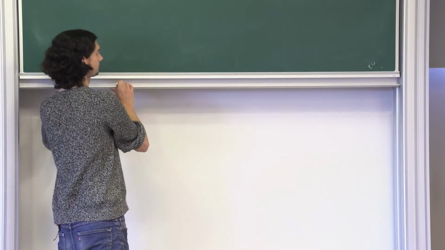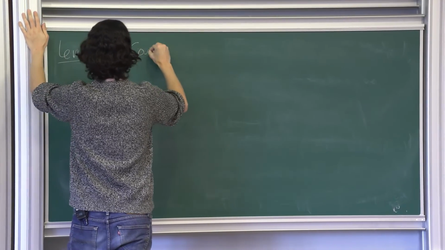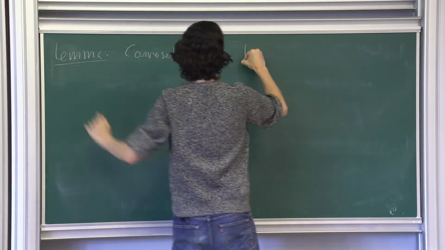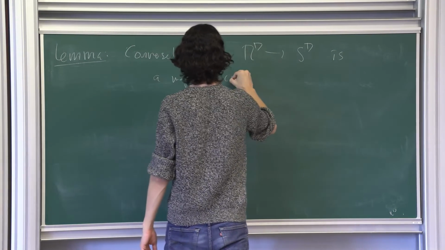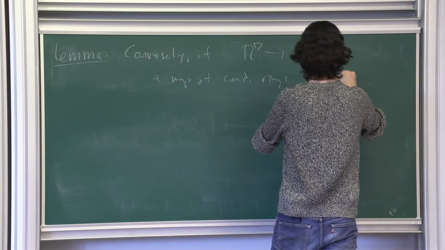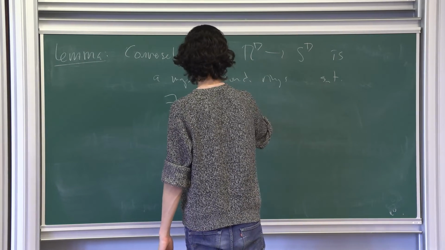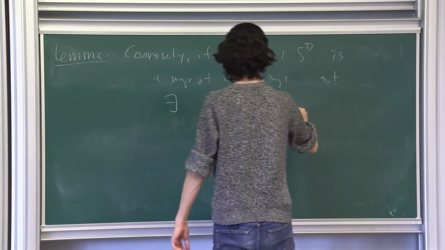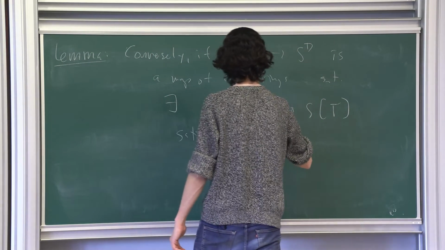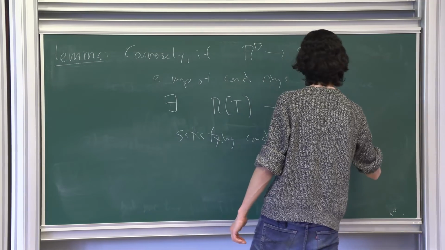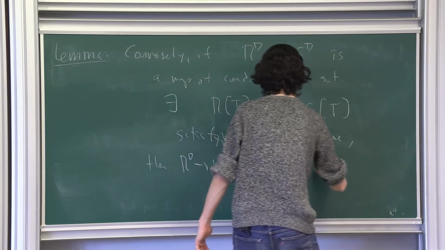So I want to claim this lemma. Conversely, if R triangle to S triangle is a map of condensed rings, such that there exist these maps from R bracket T to S bracket T satisfying the conditions above, then (R triangle, mod R) to (S triangle, mod S) is a map of analytic rings.